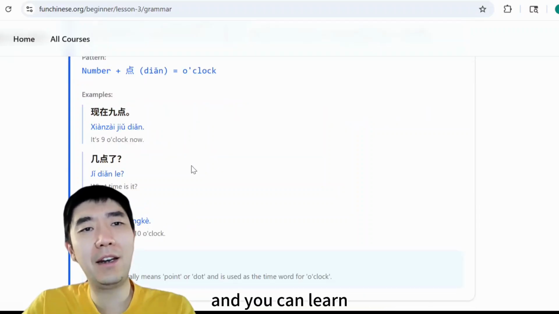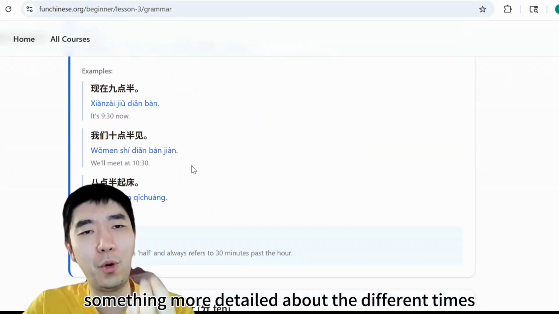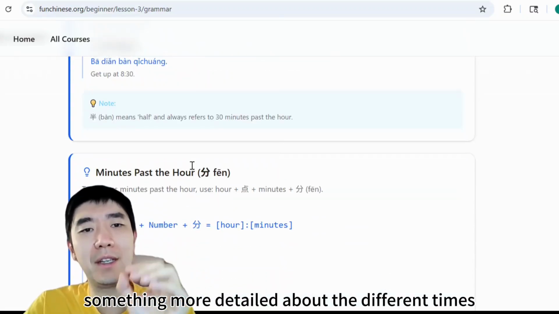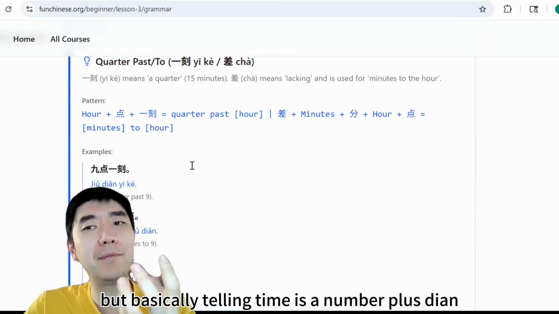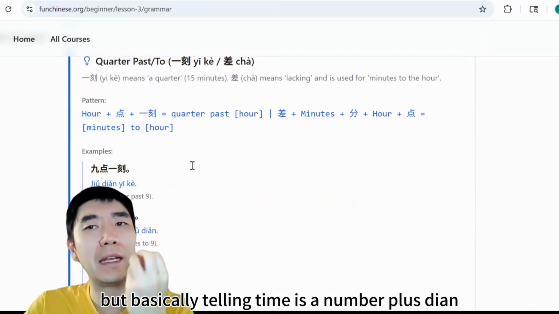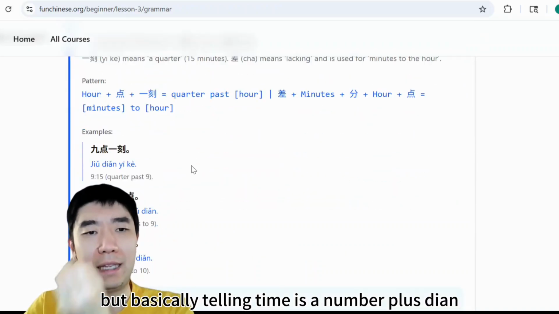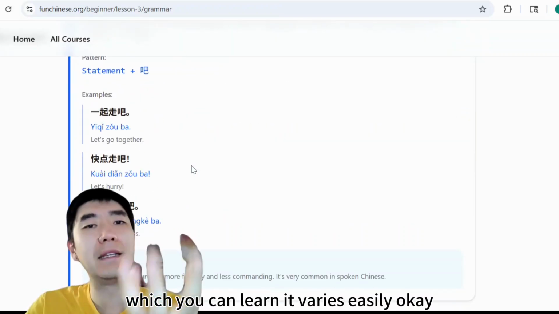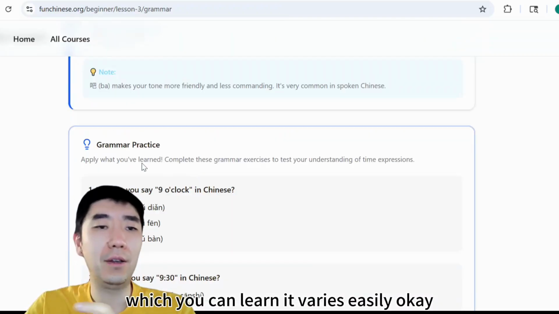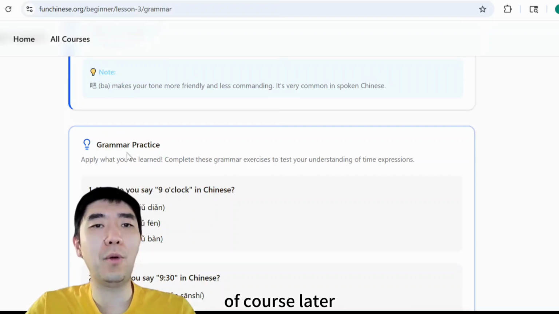And you can learn something more detailed about the different times and the minutes. But basically, telling time is a number plus 点, which you can learn very easily. Okay, you can do the grammar practice, of course, later.